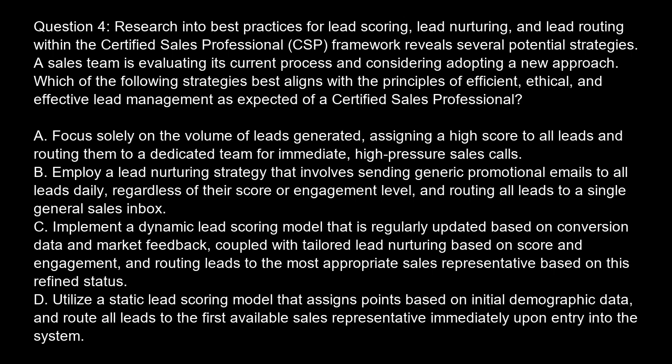Option C. Implement a dynamic lead scoring model that is regularly updated based on conversion data and market feedback, coupled with tailored lead nurturing based on score and engagement, and routing leads to the most appropriate sales representative based on this refined status. Option D. Utilize a static lead scoring model that assigns points based on initial demographic data and route all leads to the first available sales representative immediately upon entry into the system.